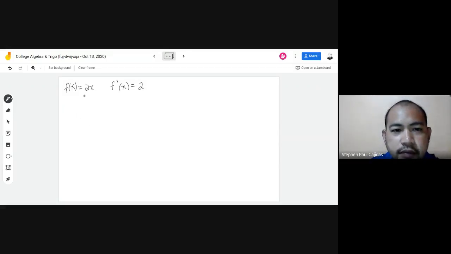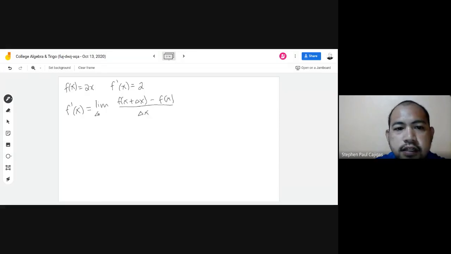This time, instead of using the rules that we discussed previously, we will be using limits. So how do we do that? We simply substitute. Again, let's write the definition of the derivative: the limit of f of x plus delta x minus f of x all over delta x as delta x approaches 0.